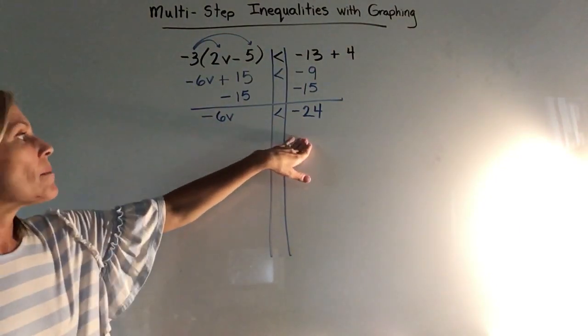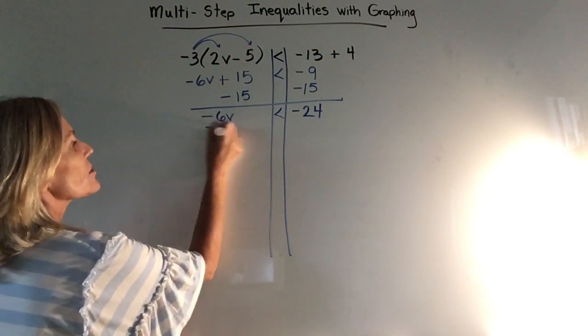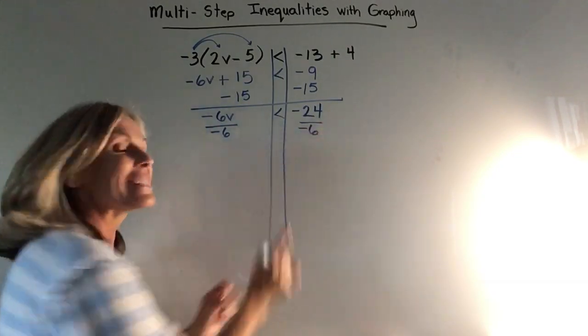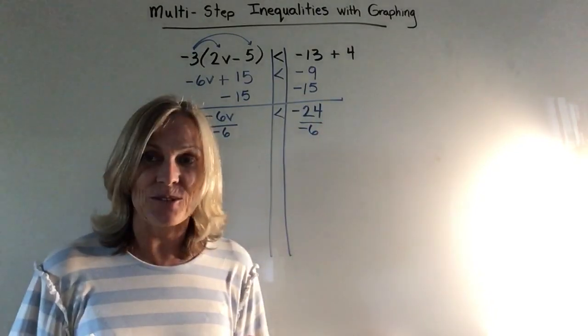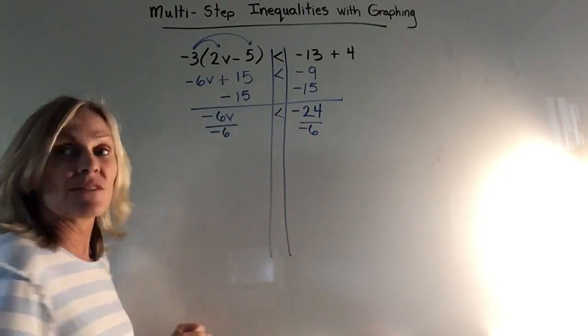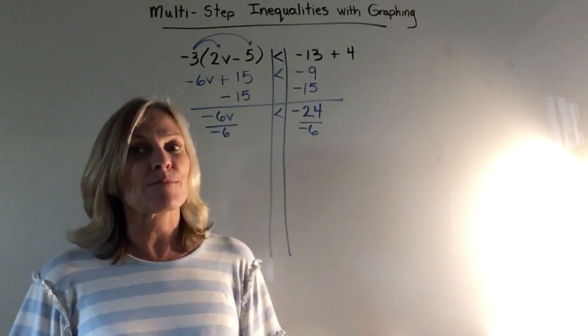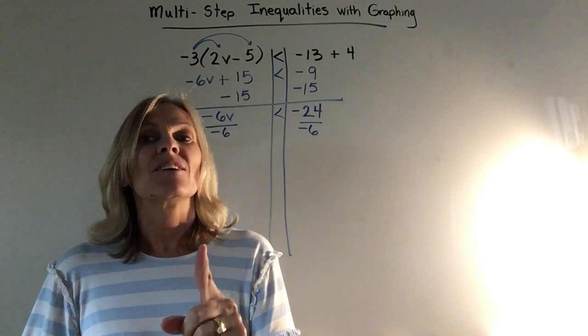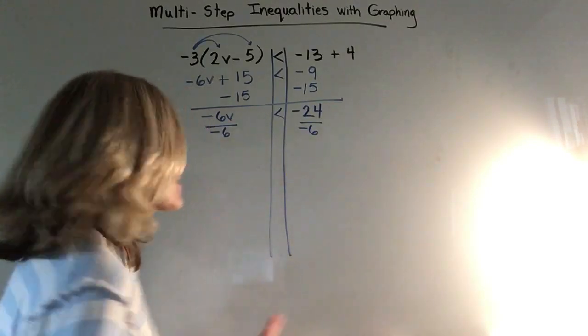Okay, so what we're going to do is we are going to divide both sides by a -6. Here's that one thing I told you about that's going to change. Because we are dividing by a -6, which is, remember, the same as multiplying by, I hope you said, a -1/6. It's the same thing.